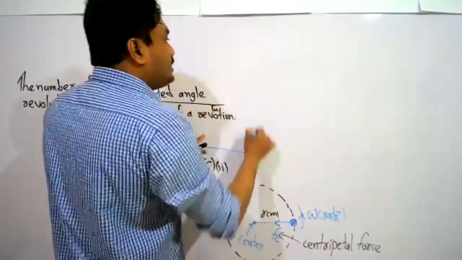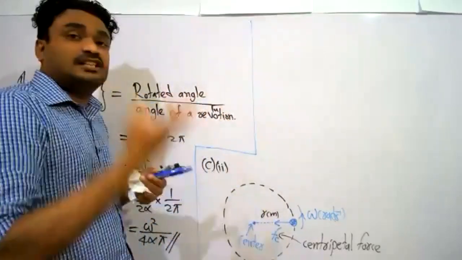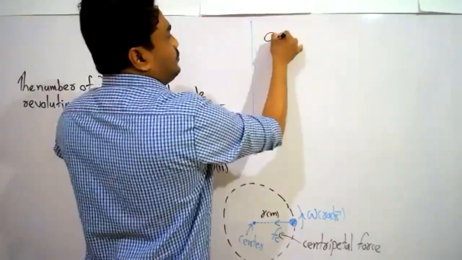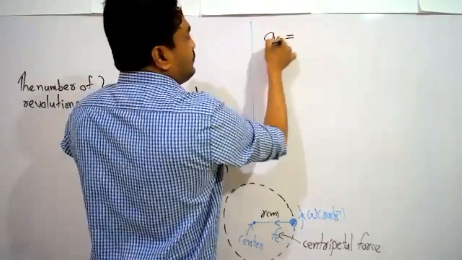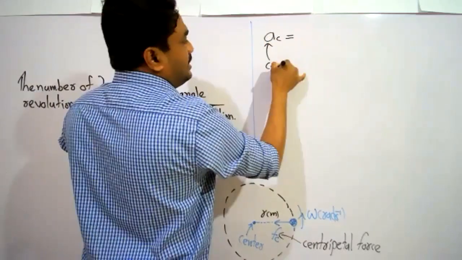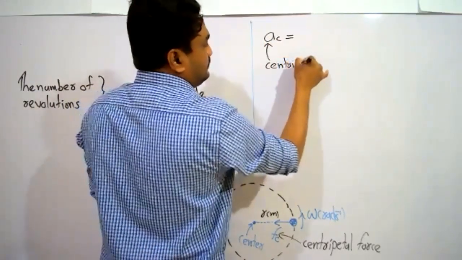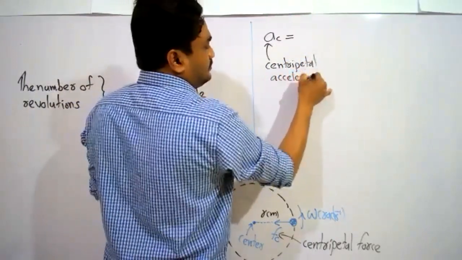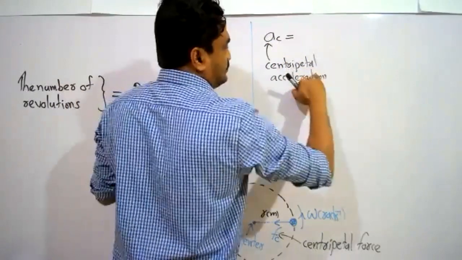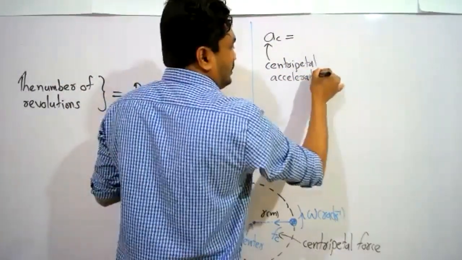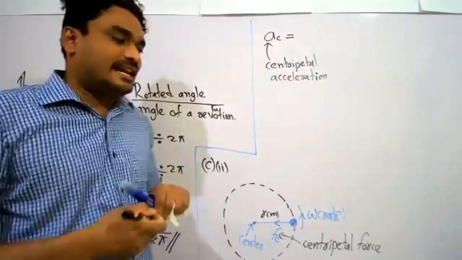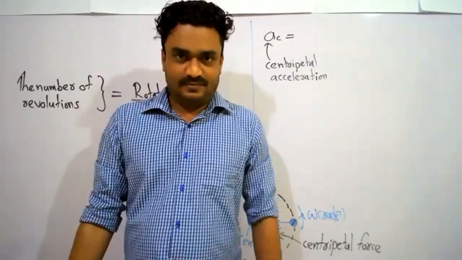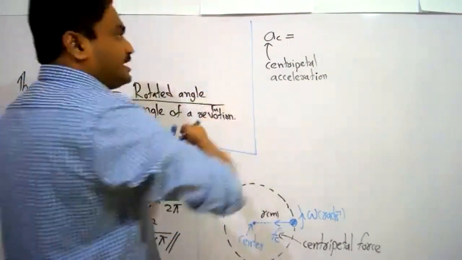So what is the equation for centripetal acceleration here? There are three equations. Give me one of them. V omega.